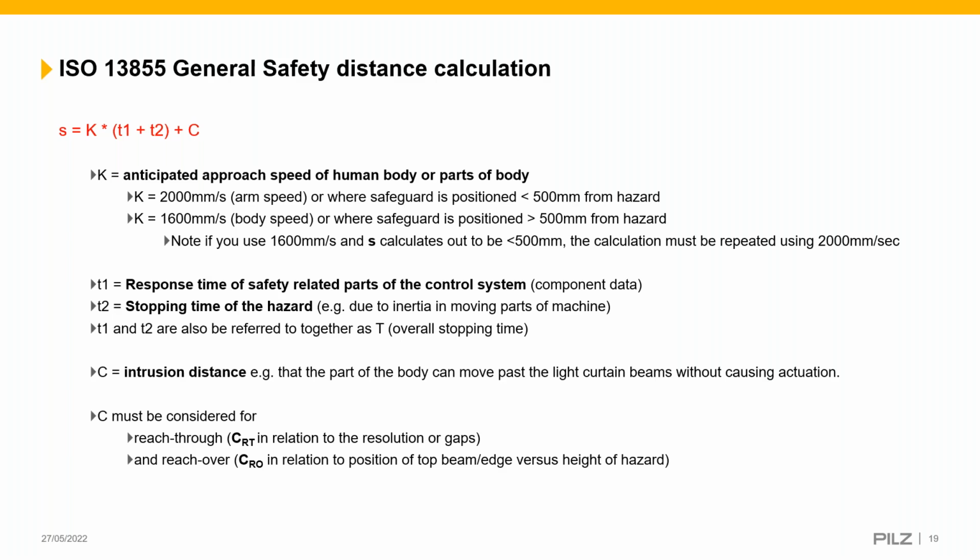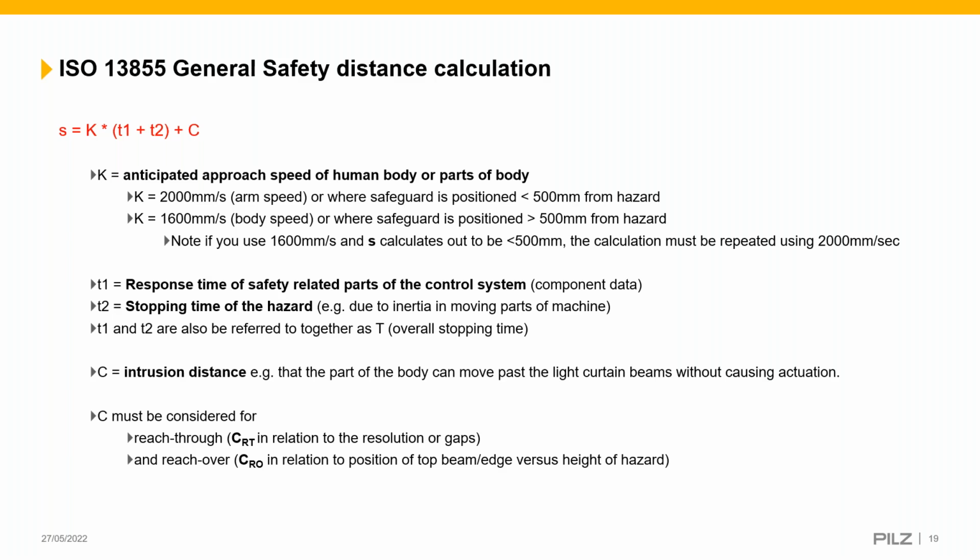The way we would do it, if we were delivering the service for one of you, would be to run 10 tests of the stopping time of the machine. You trigger the light curtain, and we have some equipment which measures the stopping time until it comes to a complete standstill. We do that test 10 times, use the worst case, the longest stopping time, and put that as the T value into the formula.